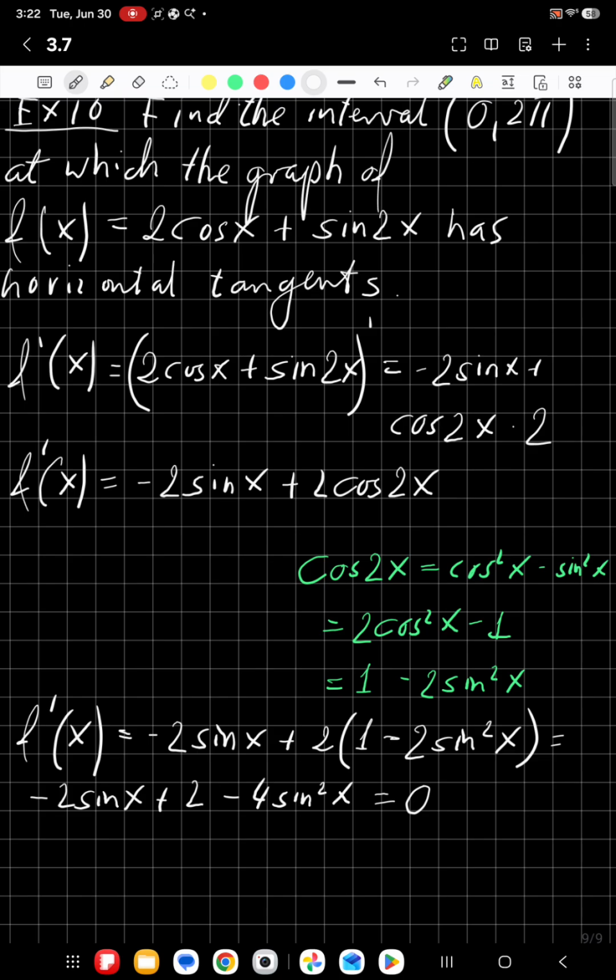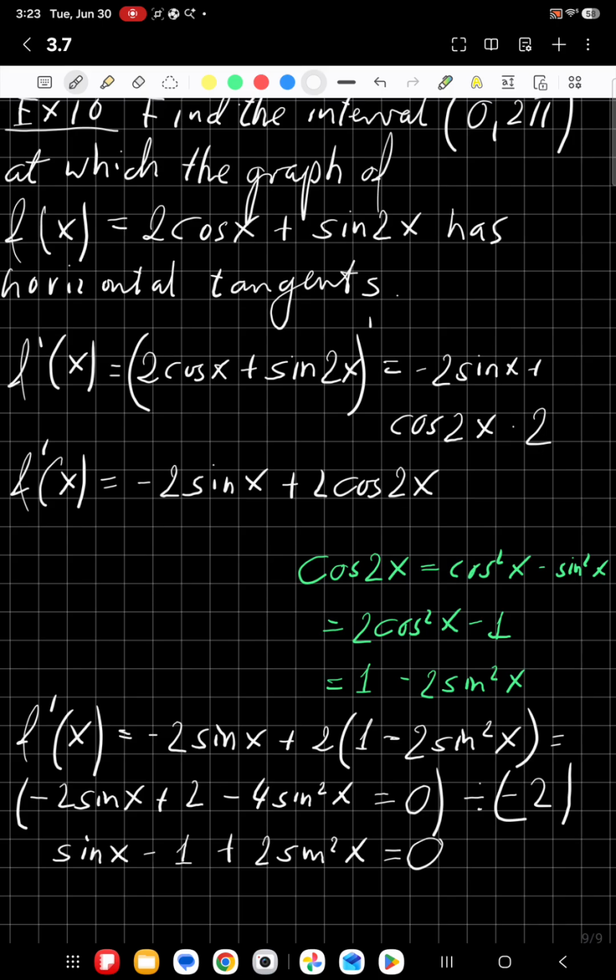And we can also divide it by, what can we divide it by? Let's divide it by negative 2, because at this point we're just solving it for x's. So we can divide both sides by negative 2. I'm going to get sine x minus 1 plus 2 sine square x equals 0.